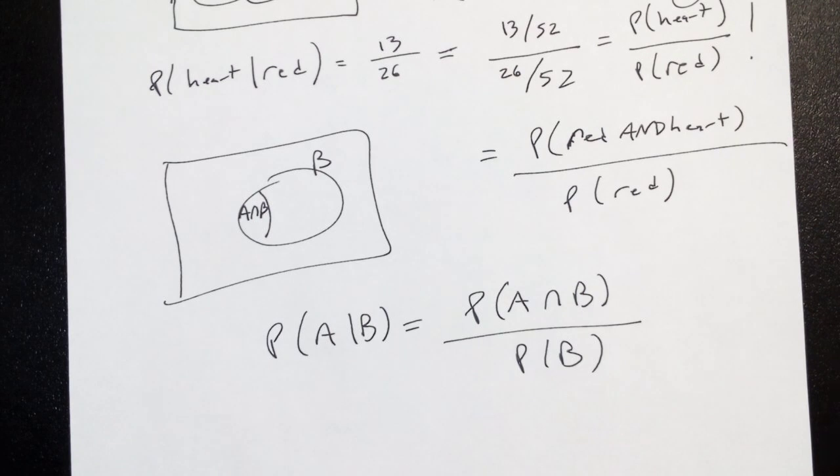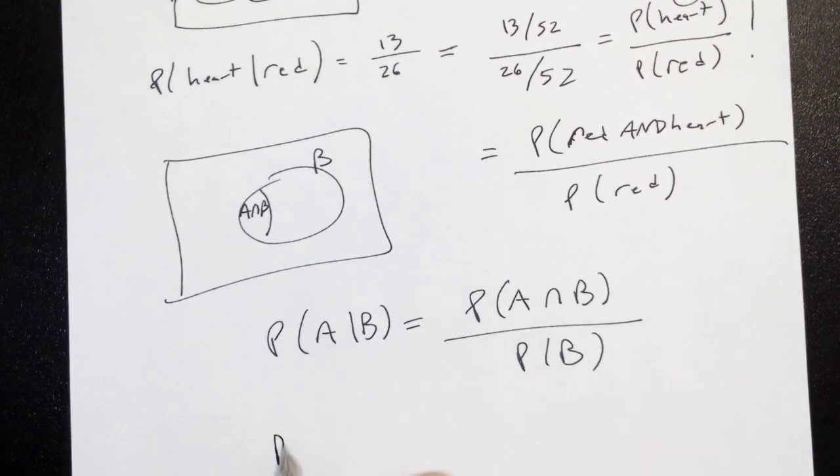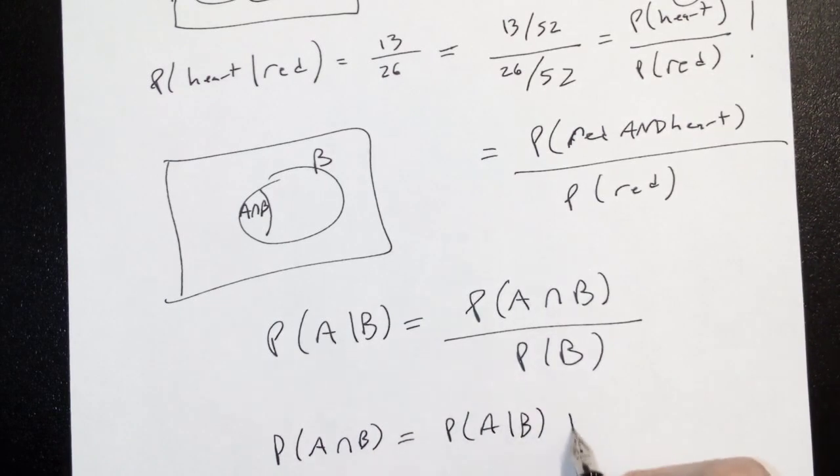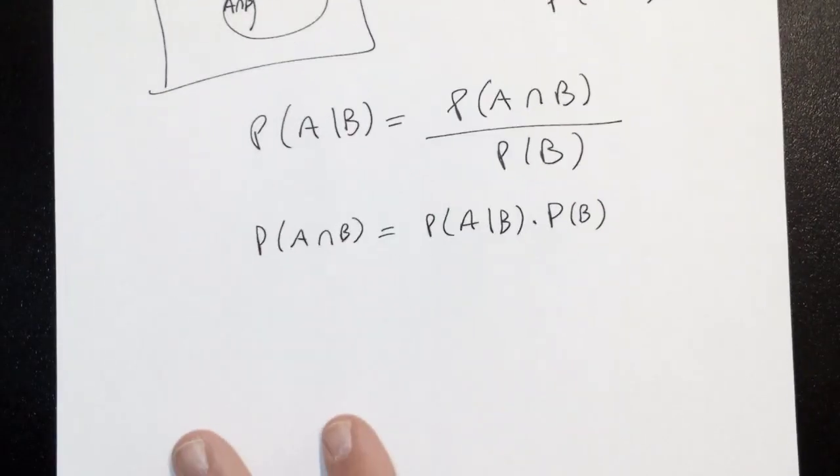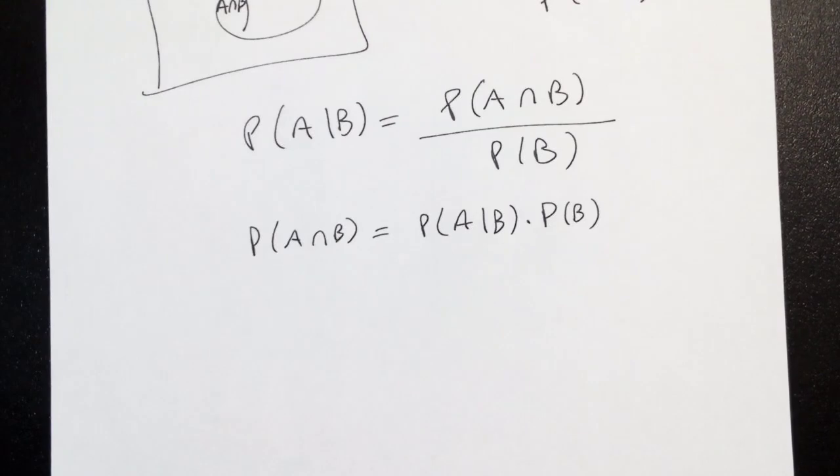So we often write this formula a little bit differently, and we write the probability of A and B is the probability of A given B times the probability of B. Because it's almost always easier to calculate conditional probabilities first.